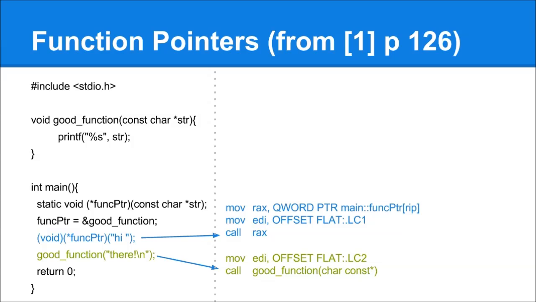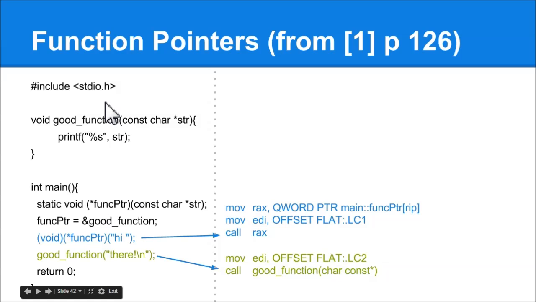This is an example of what these things assemble to. And the blue and green code is calling the exact same function, good function, just a different way. The first one, the blue, is calling it via function pointer. And so you see the function pointer is declared here, static void function pointer. It takes in constant character pointer. And after it's declared, it's instantiated.